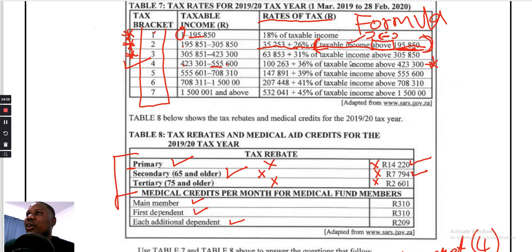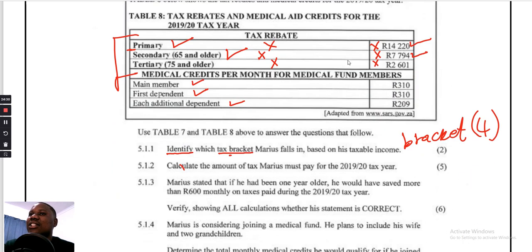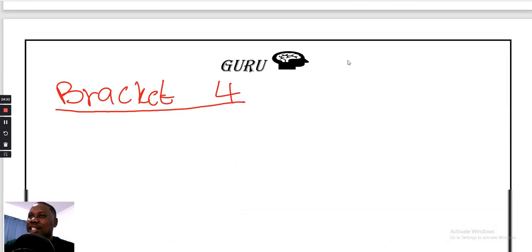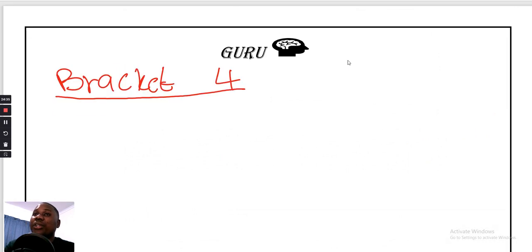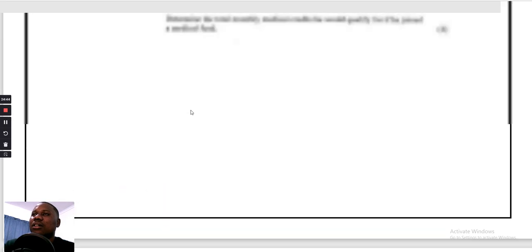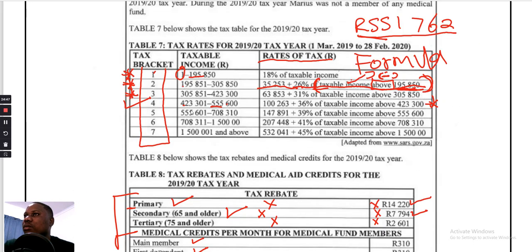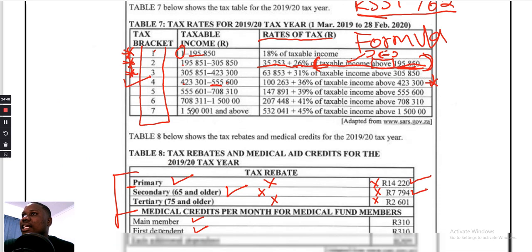Okay, what does it say? It says 100,263. We are going to rewrite it the way it is. 100,263 plus, is it 30? Oh, okay, let me just go back. 36%.